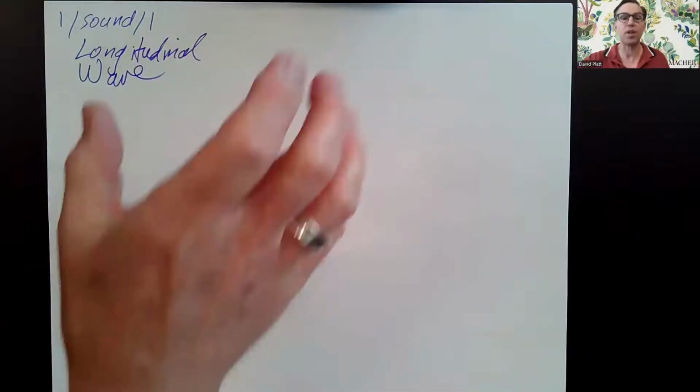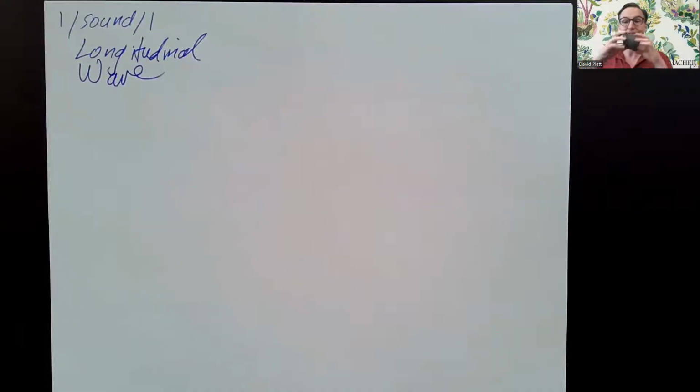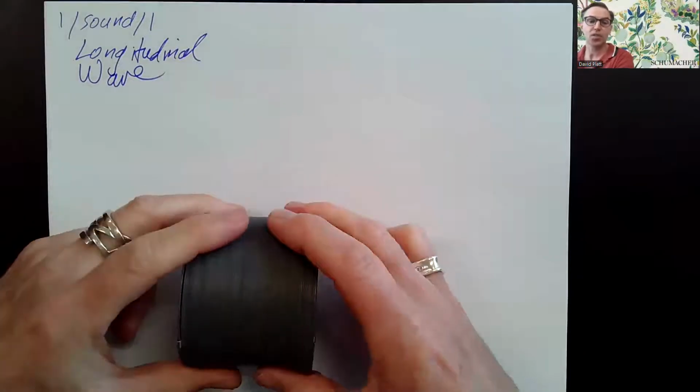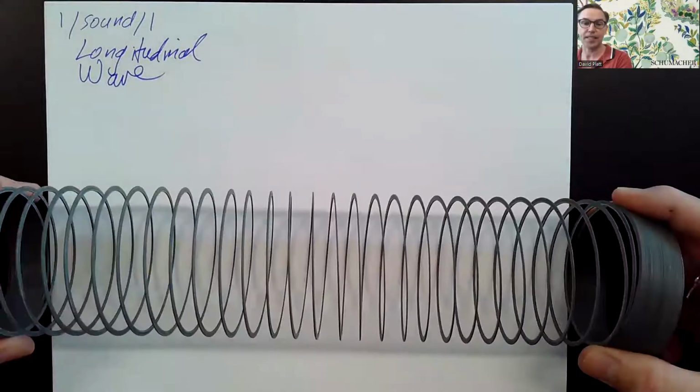And I showed you a slinky like this. It's kind of hard to see in this video. But I showed you a slinky in a previous video. And so let's use it again. I can stretch the slinky like this.